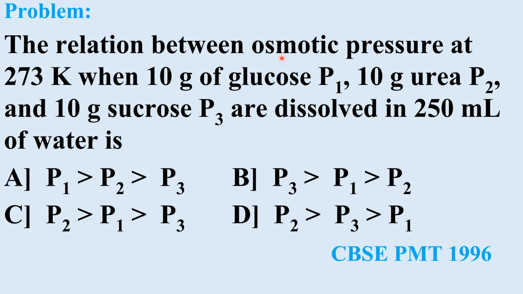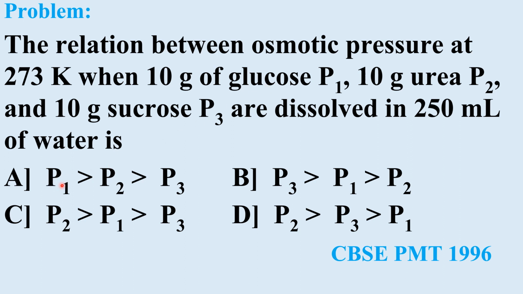The relation between osmotic pressure at 273 Kelvin when 10 gram of glucose P1, 10 gram of urea P2 and 10 gram of sucrose P3 are dissolved in 250 ml of water is: here P1, P2 and P3 are the osmotic pressures of glucose, urea and sucrose solutions.